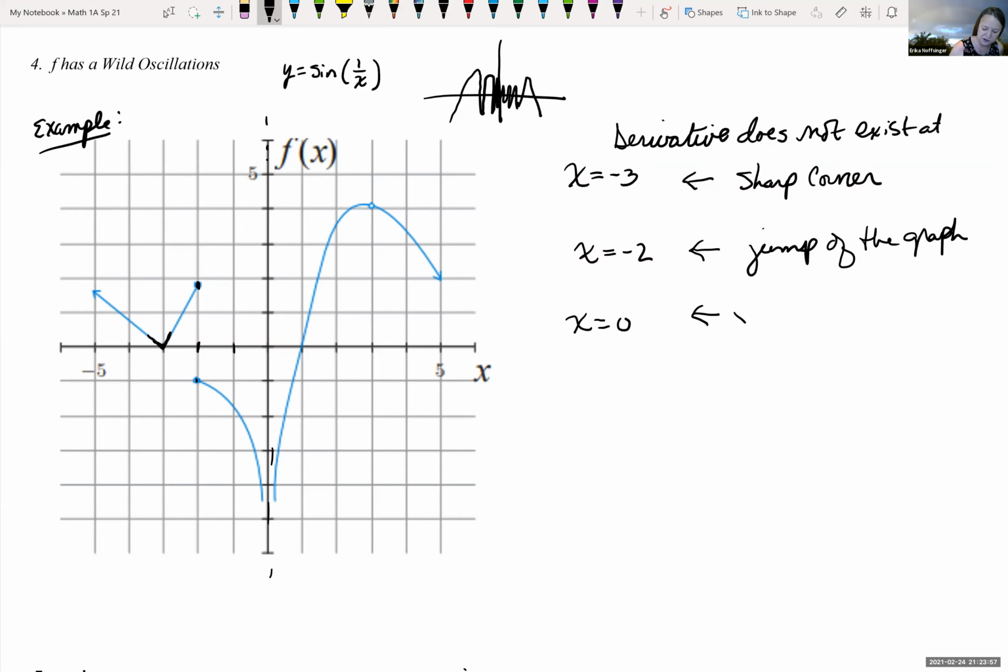So x equals 0, there's a vertical asymptote. And then one other case, notice that this is an open circle. And so that would be at x equals 3. There's a hole in the graph.